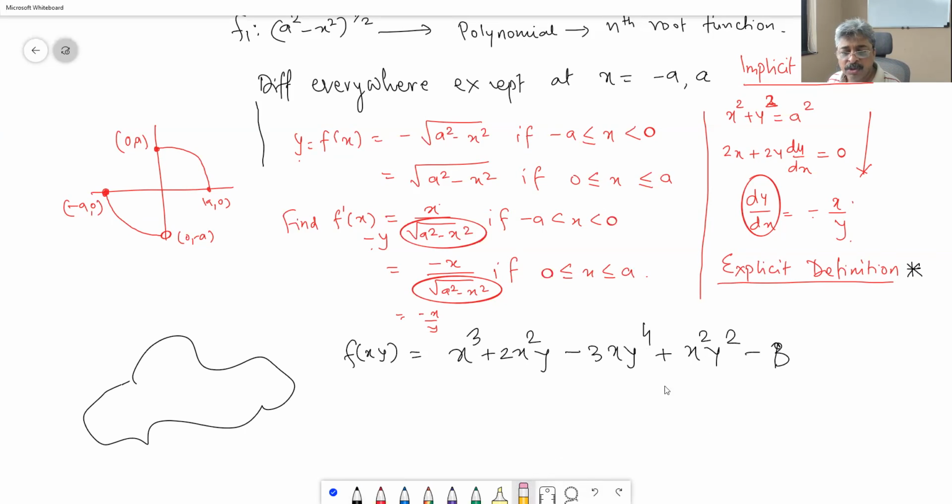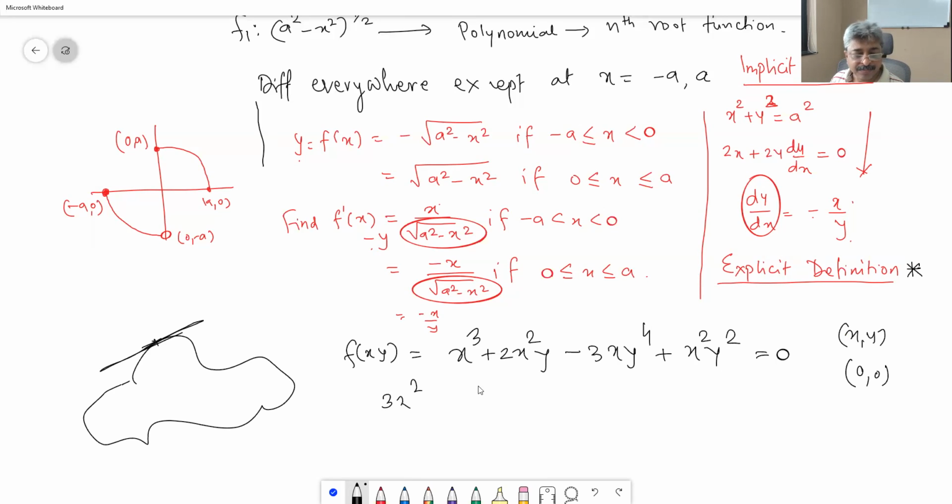Suppose I remove this 3 from this, then 0 comma 0 I think satisfies this, is equal to 0. Suppose this is f of x y is equal to 0, x comma y 0 comma 0 satisfies this. So 0 comma 0 is going to be there on this curve, and I want to know what is the slope of tangent at 0 comma 0. In that case, you can directly start doing this.